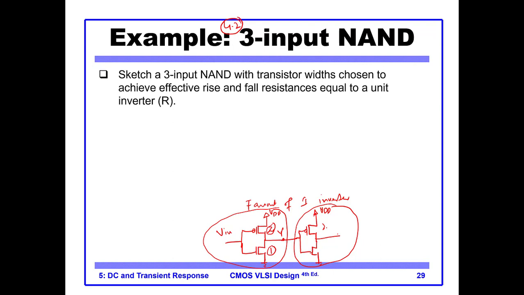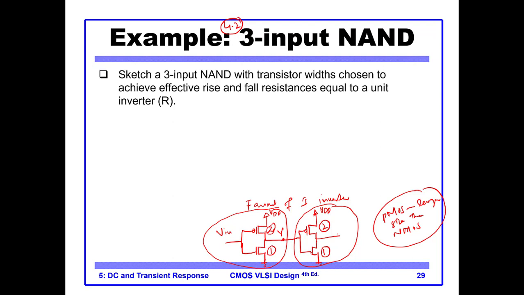Okay, so remember that a PMOS has a larger size than an NMOS, because in the PMOS the holes move very slowly, so it has a large resistance.